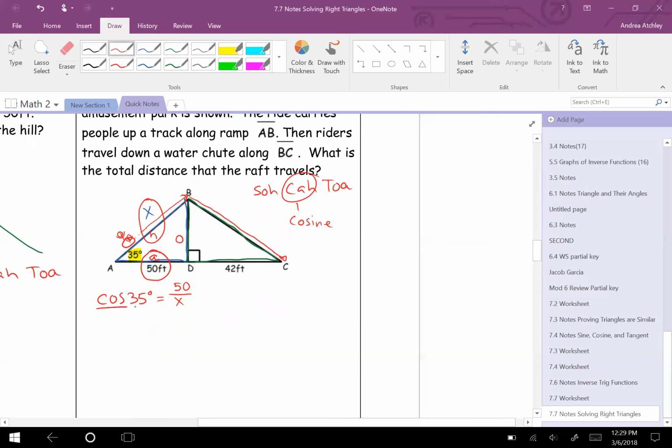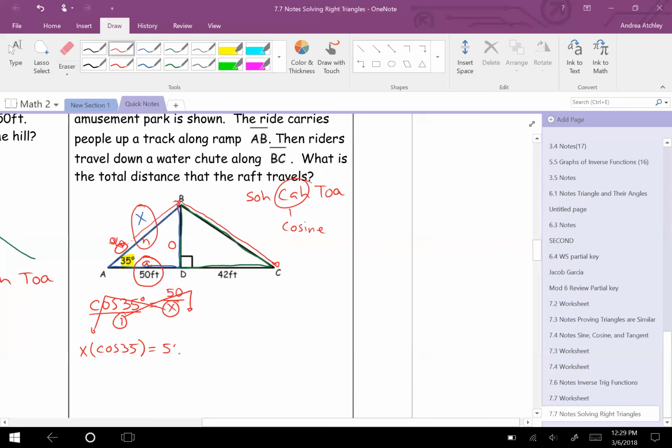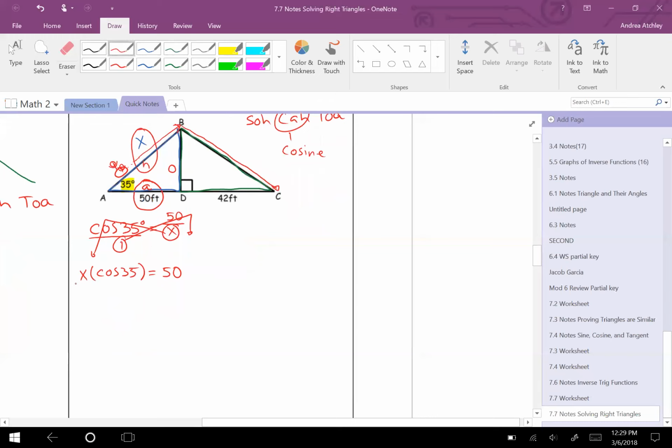Okay, put this over 1 and cross multiply. So I have x times the cosine of 35 equals 1 times 50, which is 50. Then we divide by the cosine of 35 on both sides.